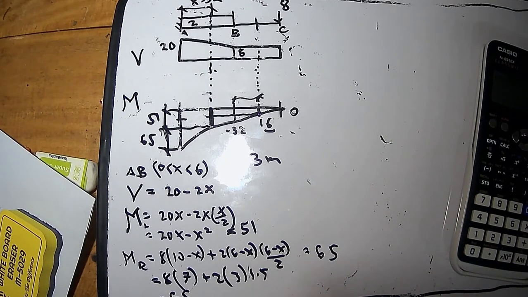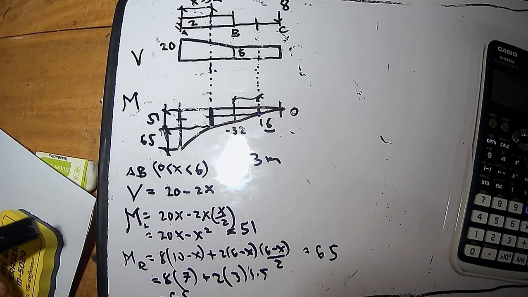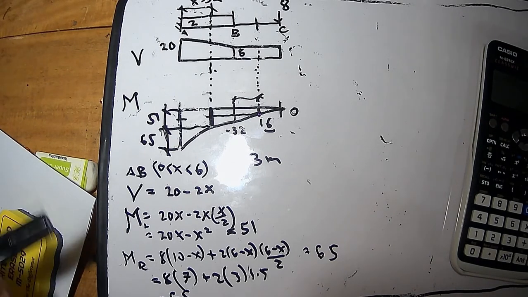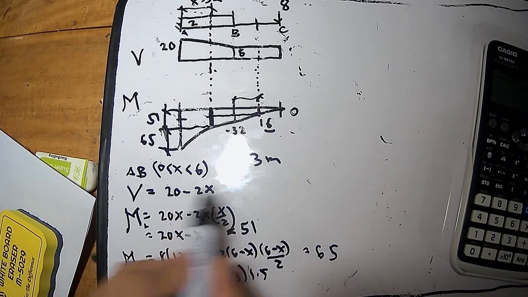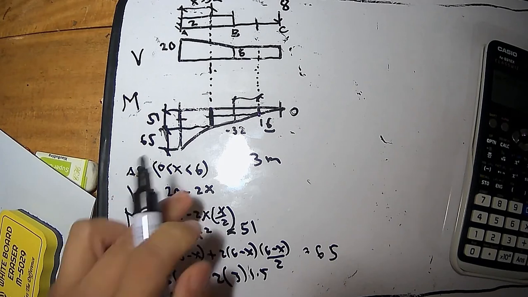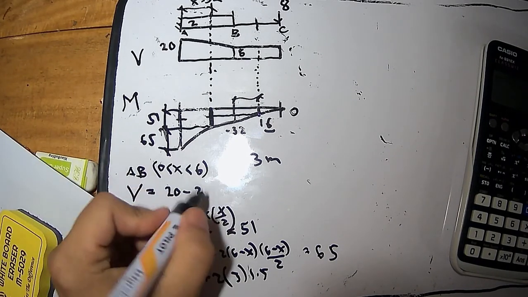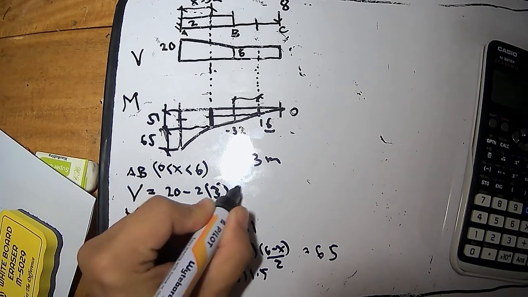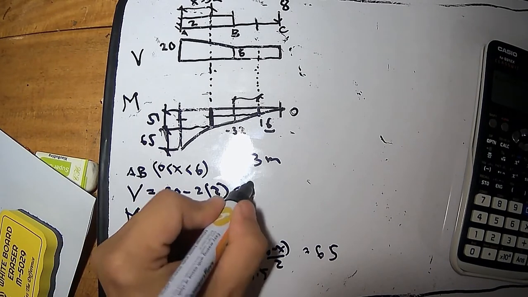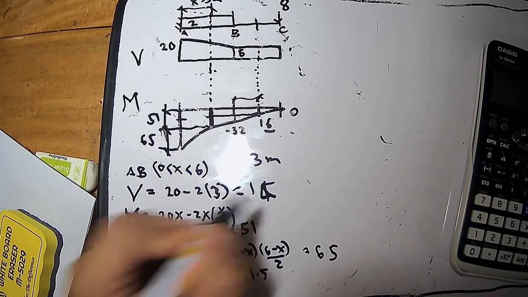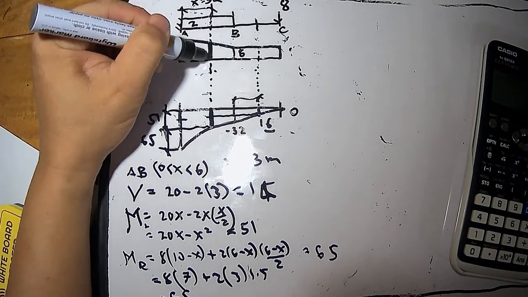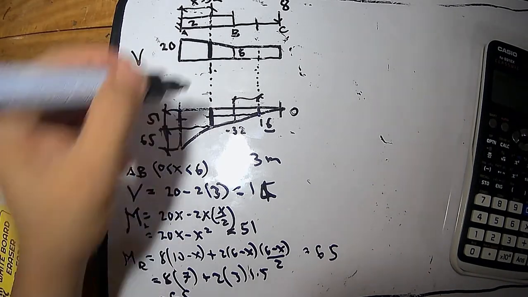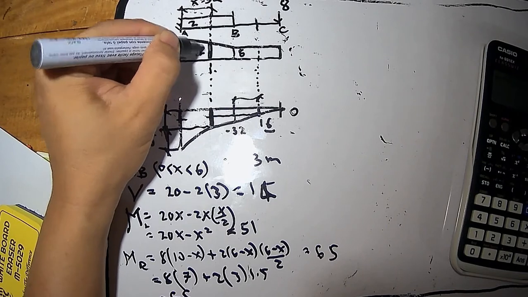Okay? So, that's how to generate your moment equations and shear equations. Ganon din dito. So, i-substitute mo yung 3. 20 minus 2 times, let's say, 3. So, 20 minus 6 would give you 14. Nasaan yung 14 na yan? It is that distance. Ito yun, 14. Okay?